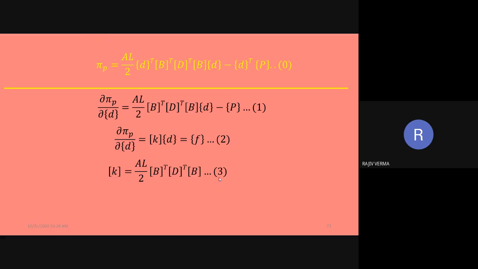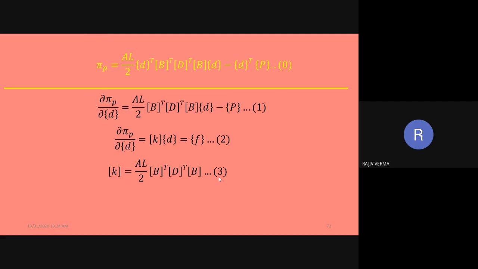And when a symmetric matrix is post-multiplied by a matrix B and pre-multiplied by the transpose of matrix B, the result is going to be again a symmetric matrix. So the stiffness matrix K, which is written in equation number 3, basically represents a symmetric matrix also.